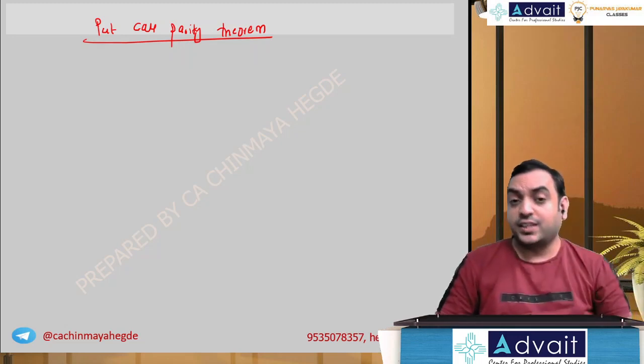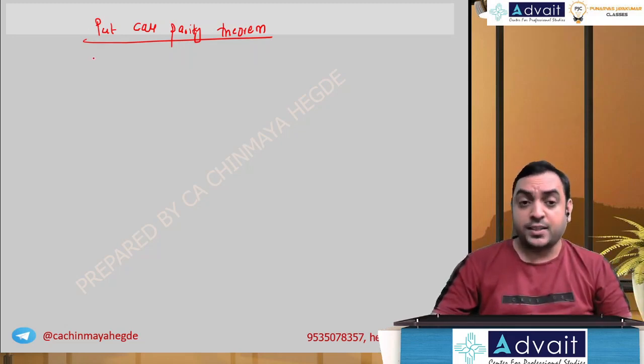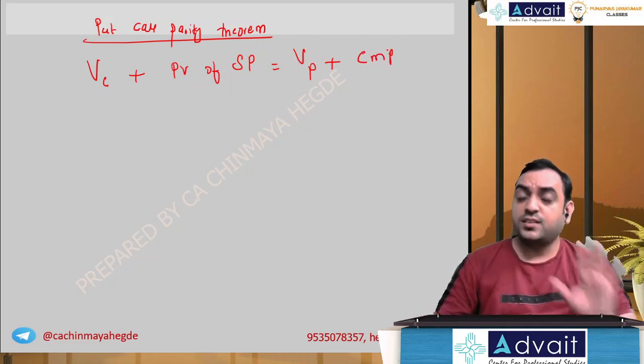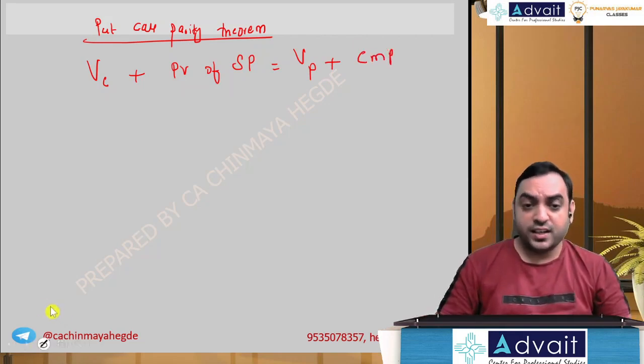They connect four things. As per the put call parity theorem, the formula is given by value of call plus present value of strike price or exercise price equals value of put plus current market price of the underlying asset.